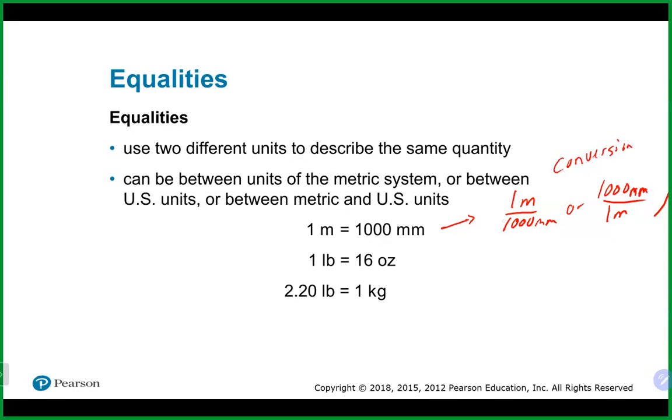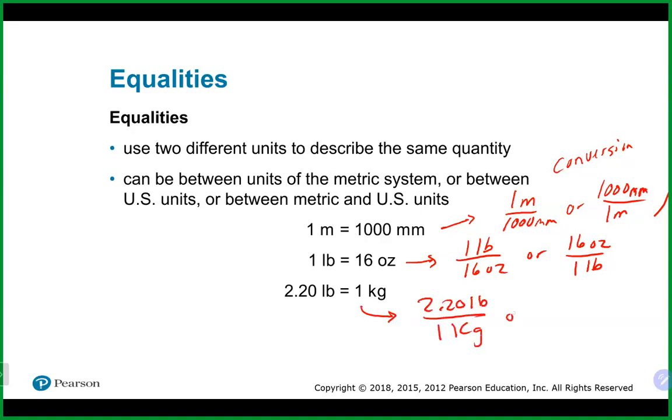And that's a metric equality. Here, we could also do it for an English sort of system. 1 pound over 16 ounces, or 16 ounces over 1 pound would be the two conversion factors that we get there. And here we have 2.20 pounds over 1 kilogram, or 1 kilogram over 2.20 pounds.